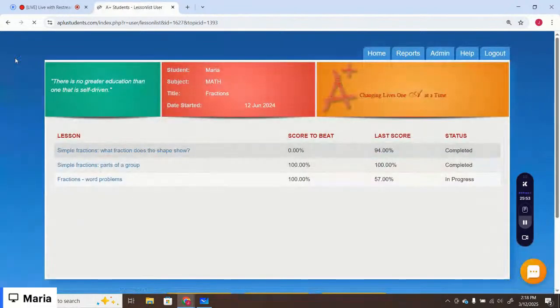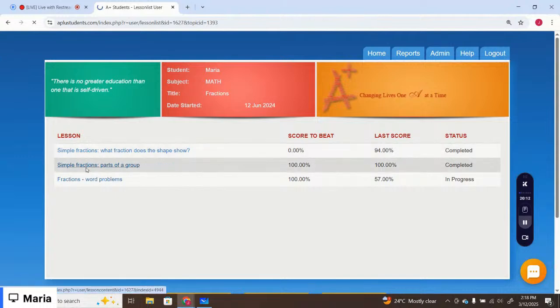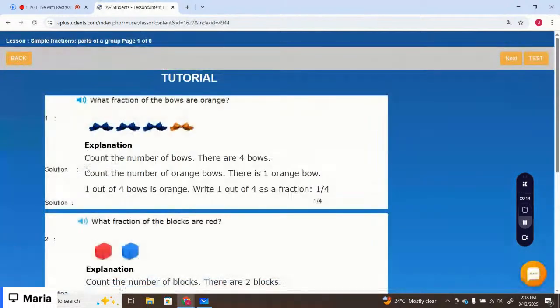The next lesson is simple fractions, parts of a group. What fraction of the bows are orange?